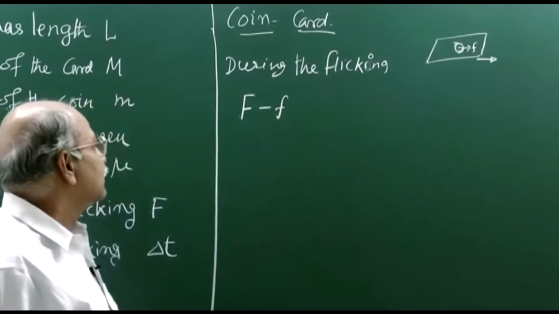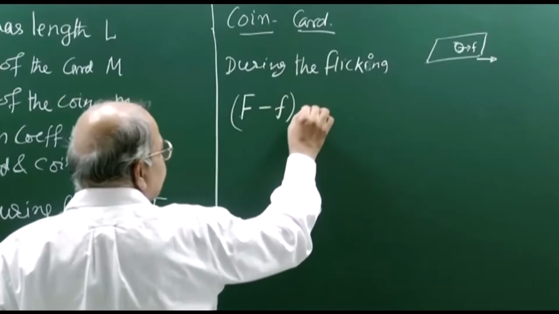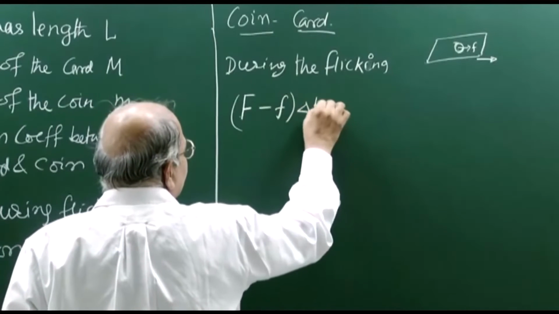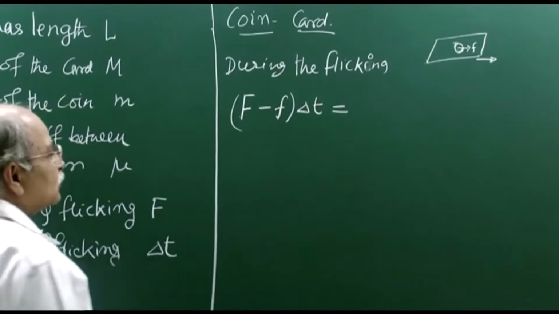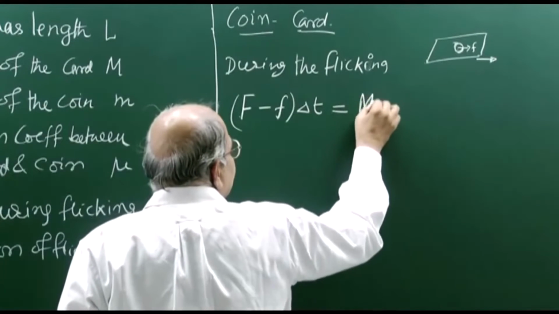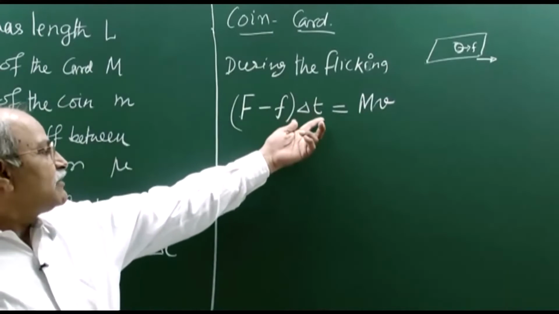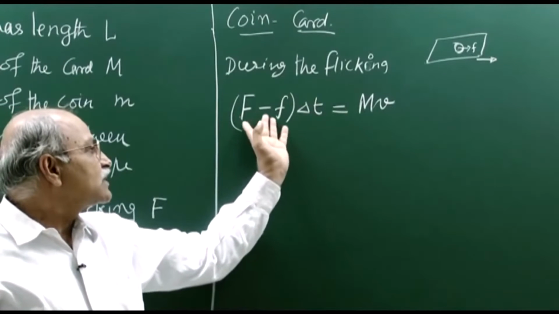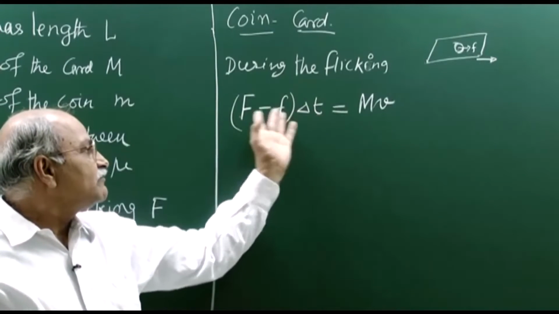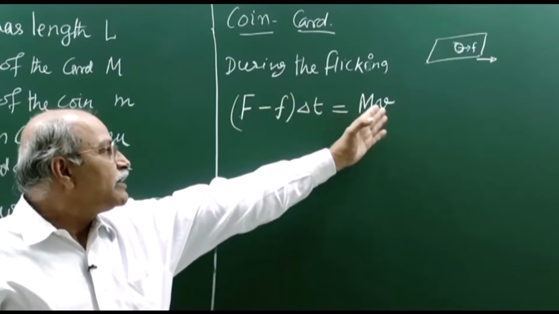If you multiply this by delta t, this is the impulse, the change in momentum. The card was originally at rest, and in this time delta t it gains some velocity v, so the force times the time interval should be the change in momentum, which is M into v.